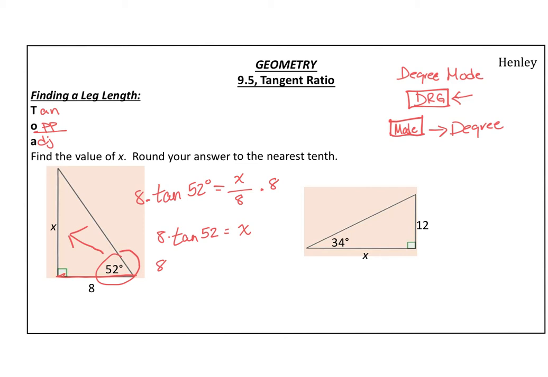The tangent button is located 2 above the 9 button. So 8 tan 52 and enter.